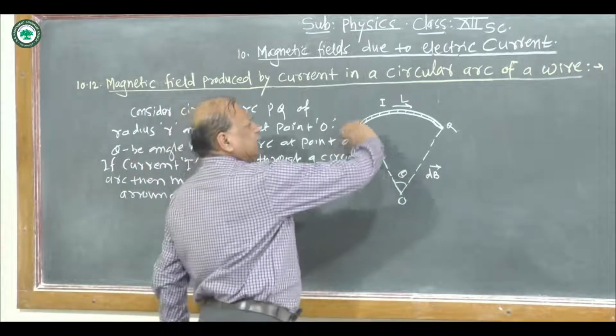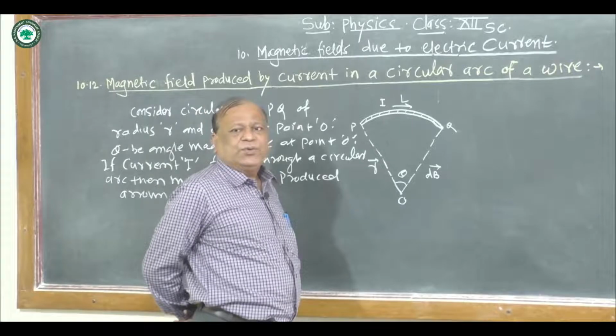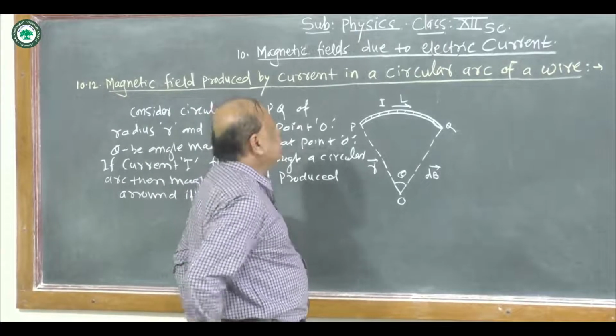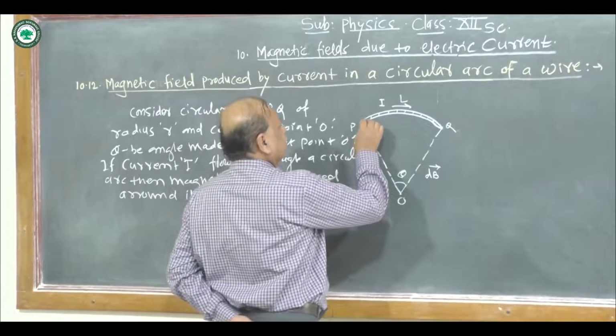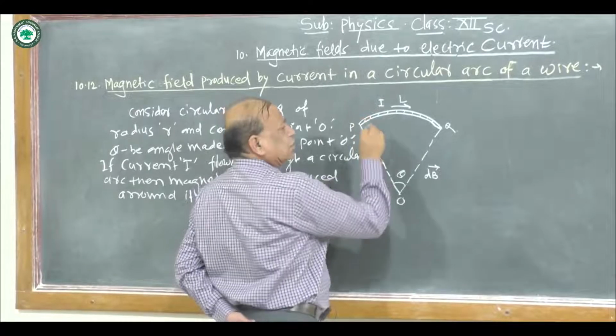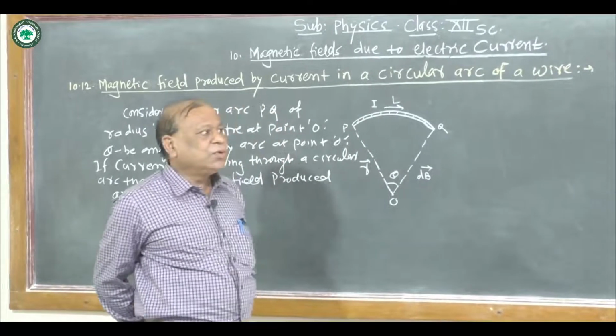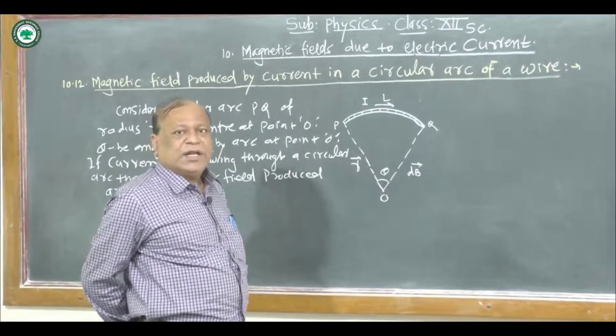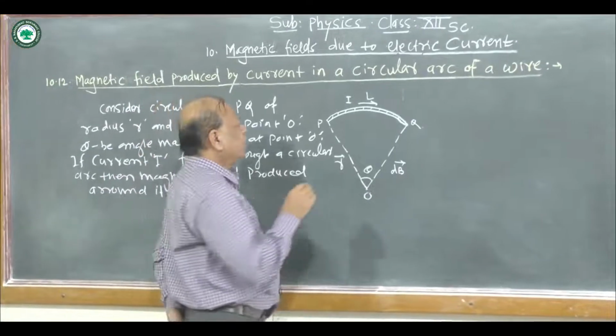Now this circular arc PQ is made up of a large number of small length elements dl.